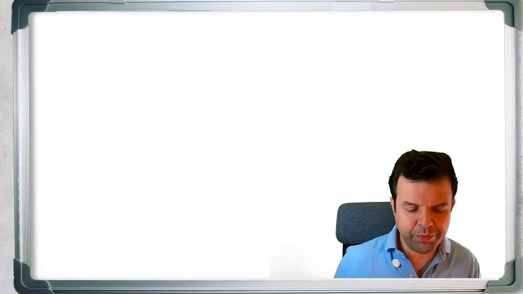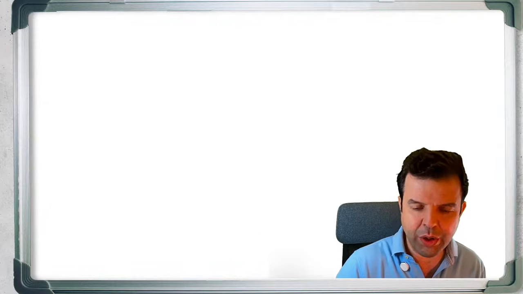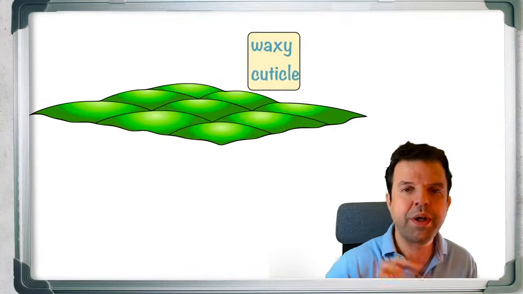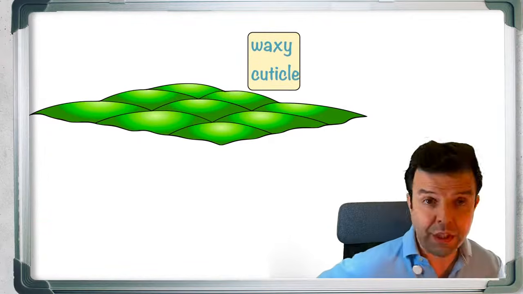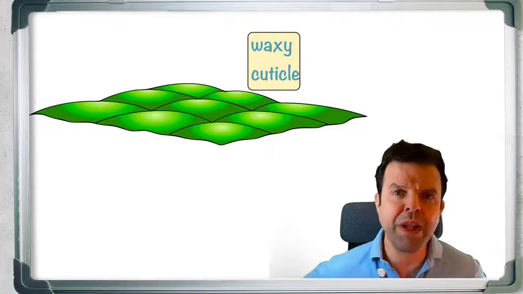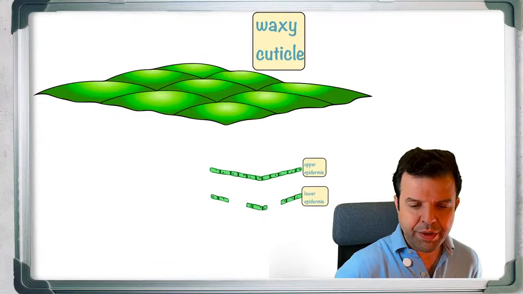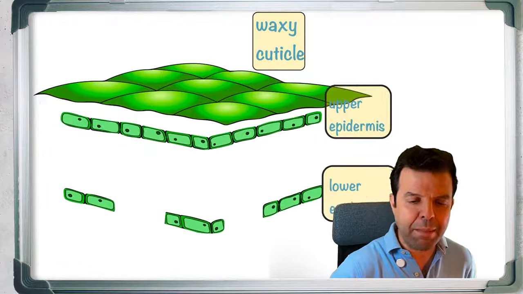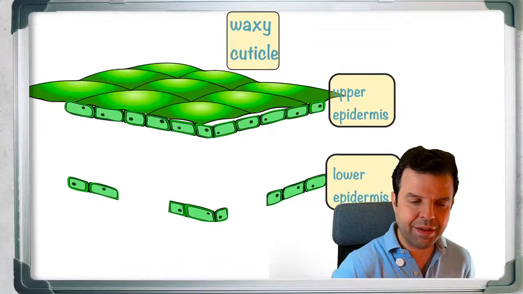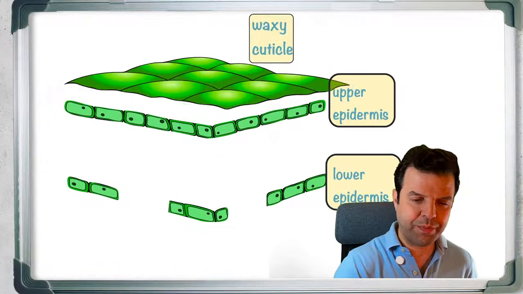To start with, every leaf must have a layer looking like this at the top that we call the waxy cuticle. This is what's meant to protect the leaf, prevent water loss. Right underneath, I have what I call epidermis, like a skin, transparent, to allow light to penetrate.